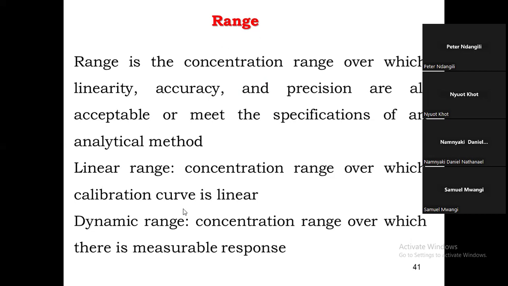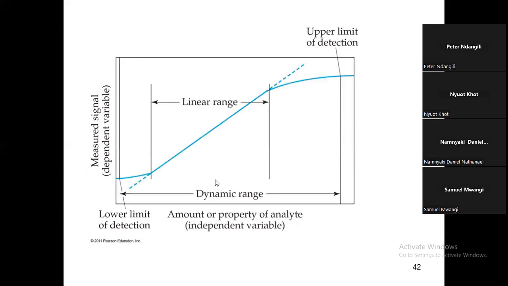The linear range is the concentration span over which that particular calibration curve is showing a straight line. Then we have a dynamic linear range, which is the concentration span over which there is a measurable response. And we have a graph that is illustrating that.